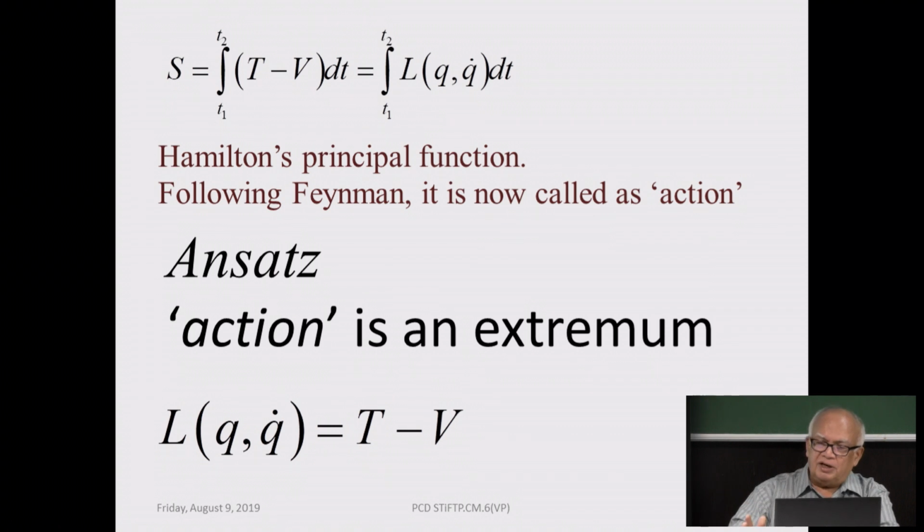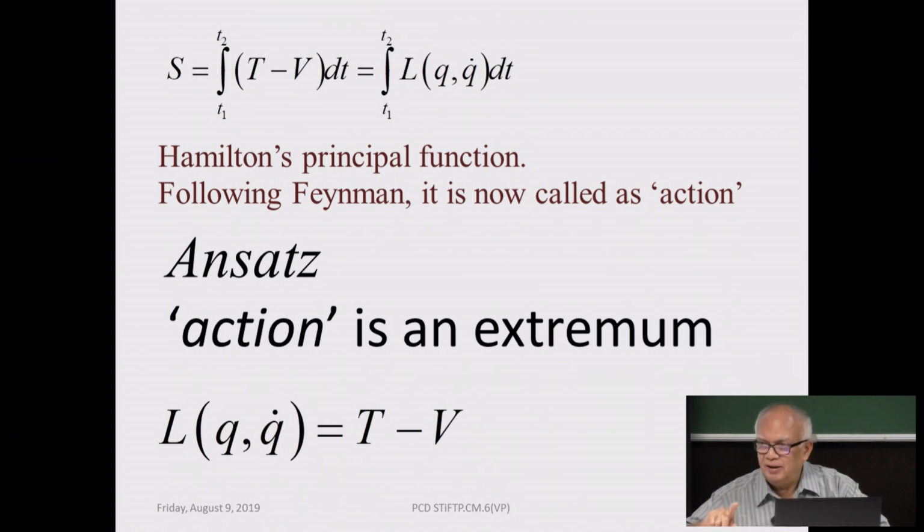And you construct this Lagrangian, and then you determine the definite integral of this Lagrangian between two times, from, let's say, t1 to t2.